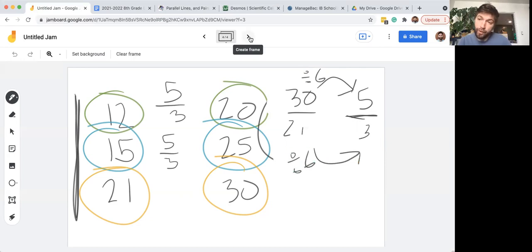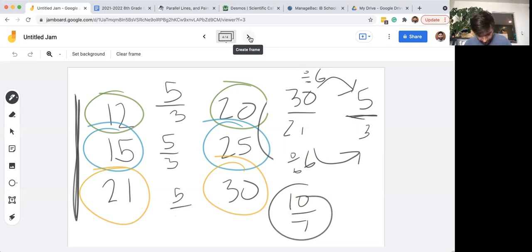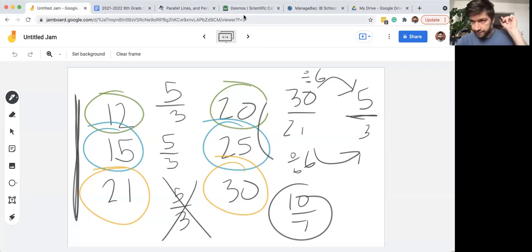No. 21 divided by 7 equals 3. So that means that 30 over 21 is not equal to 5/3. Okay, it's actually equal to 10/7, which would be 5 over 3.5. So this one is not in ratio of 5/3. Therefore, my triangles are not similar.